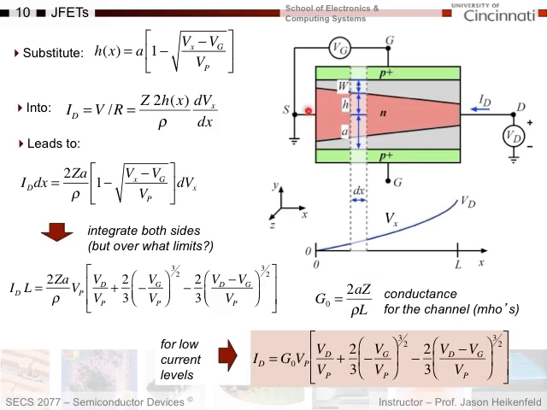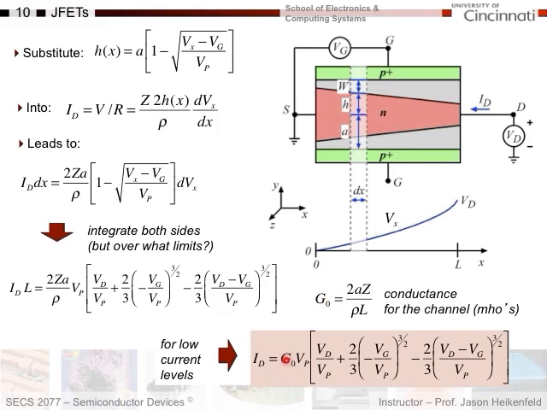Remember, Z is the depth of this device into the plane here, L is the length of my channel, rho is the resistivity of the N-type semiconductor, and A is my half channel width. If you look at this, this is just 1 over resistance, the exact opposite of rho L over A. It's 1 over that, essentially, and it's referred to as the conductance of the channel, hence why we use the term G naught.